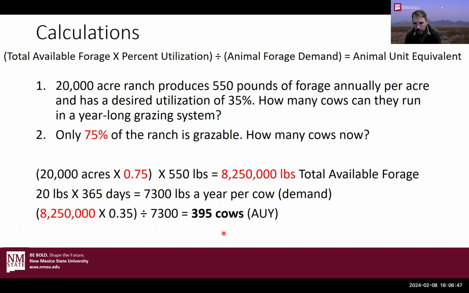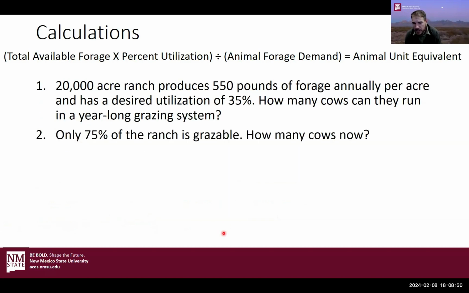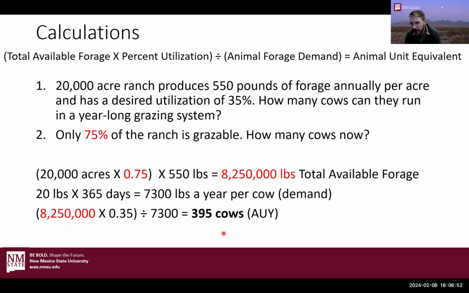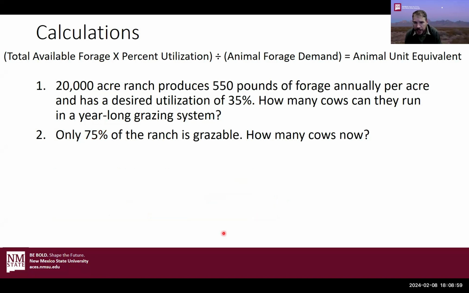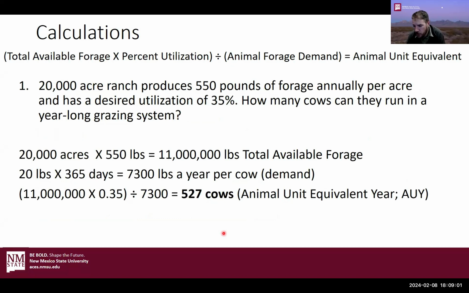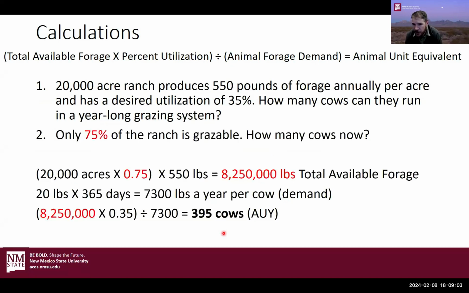We went from 527 to 395, all because of grazable acres. Imagine what would happen if we ran 527 cows instead of 395 on our pasture, and what that would do to the vegetation. We're definitely going to overuse the pasture. That's why I emphasize that grazable acres is very important.